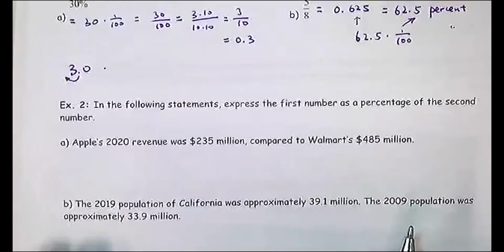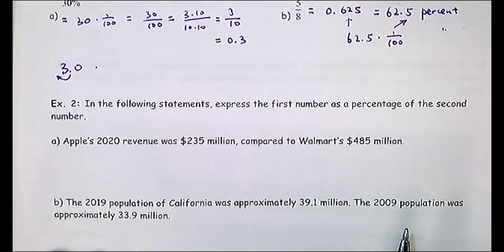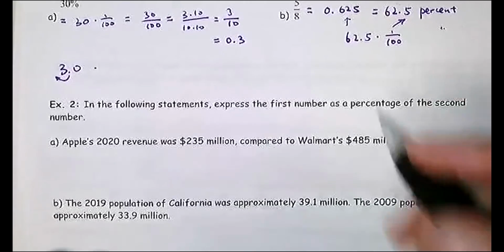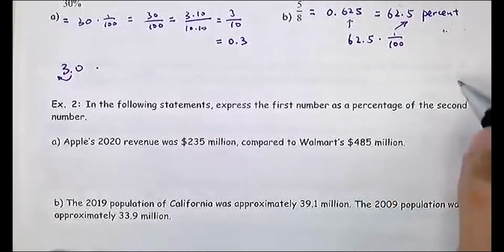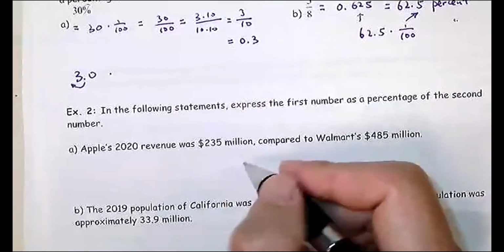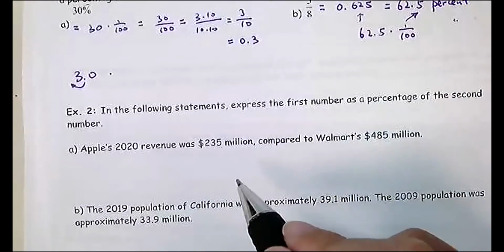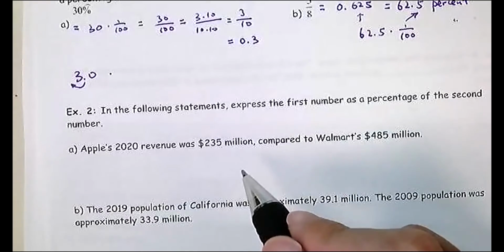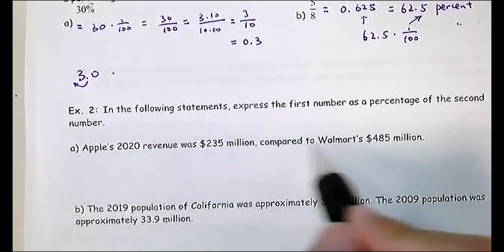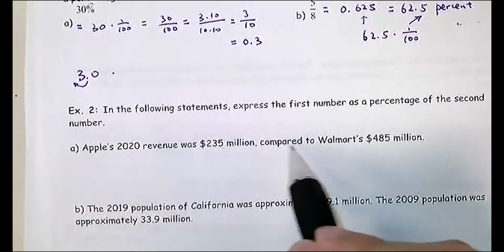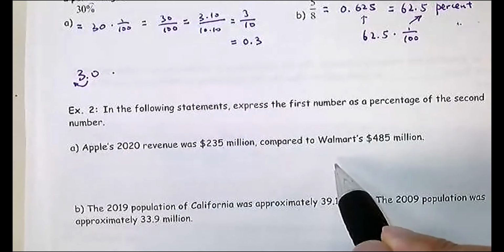In the following statements, express the first number as a percentage of the second number. What does that mean? It means you should use the first number divided by the second number. And I tell you, there's a typo here in question A. Can anyone point out what the typo is? I'll give you a hint.